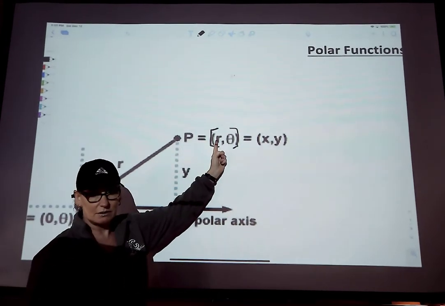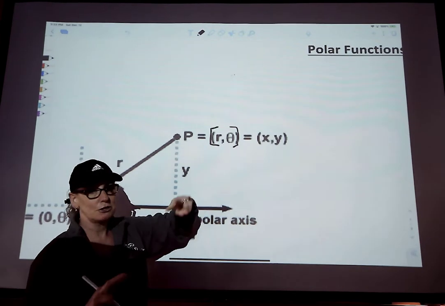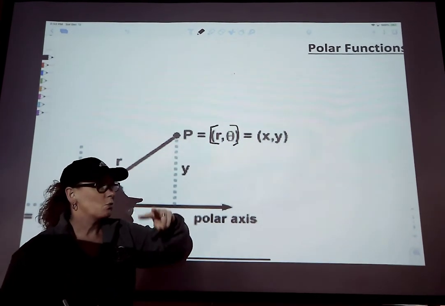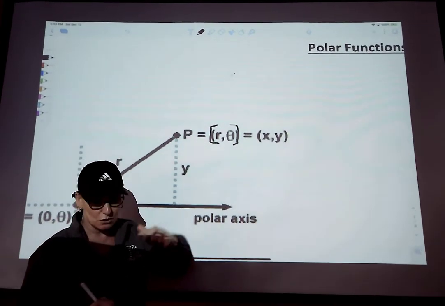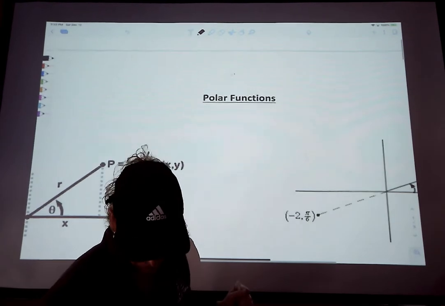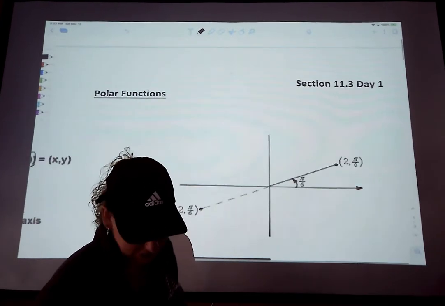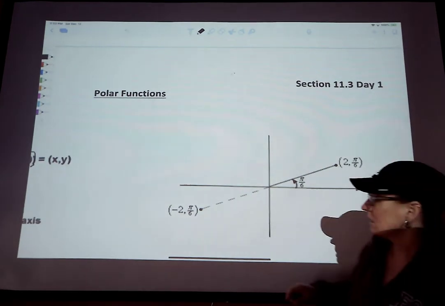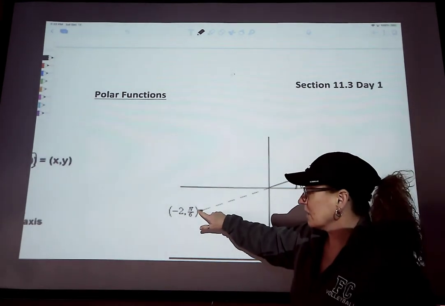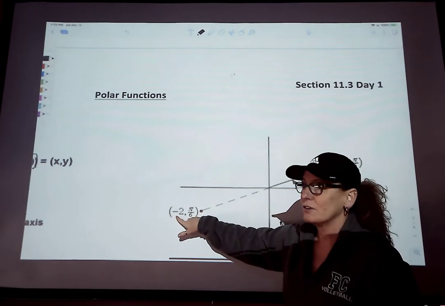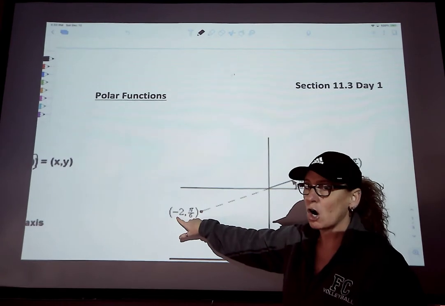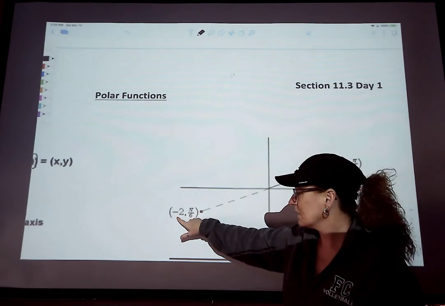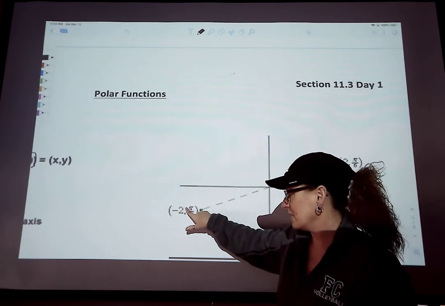Sometimes r is negative. I'm going to show you two ways to come up with the point and the angle if r is negative. So let's look at this over here. This point right here has a negative r value. How do you obtain this?